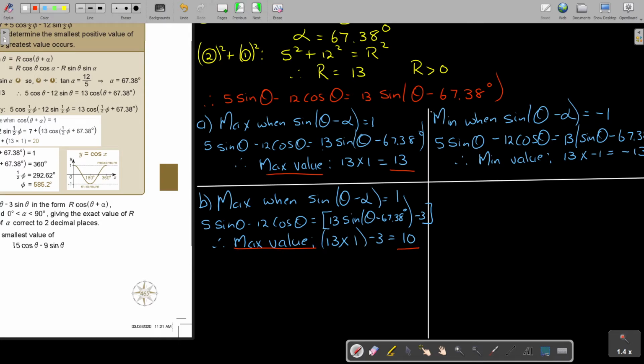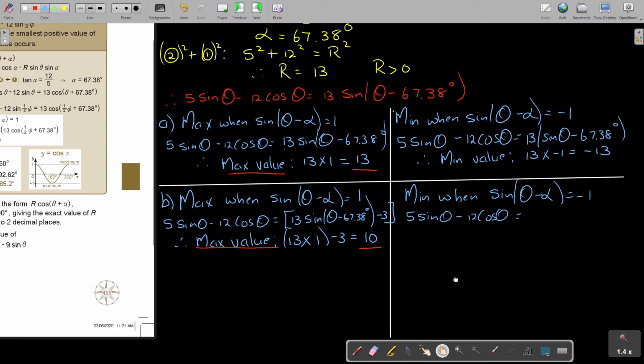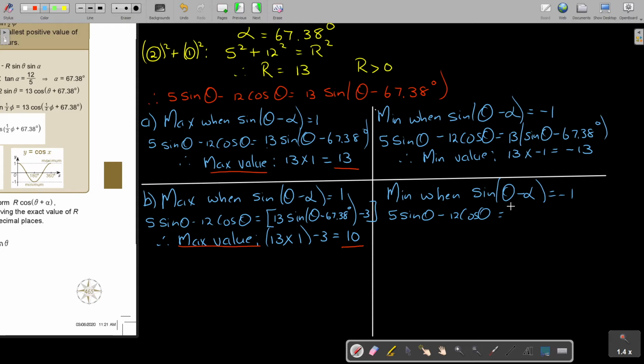Now I continue with this one. A minimum value, this one is still all right. A minimum is the same, when sin(theta minus alpha) is negative 1. So 5 sin theta minus 12 cos theta is equal to 13 sin(theta minus 67.38) minus 3.